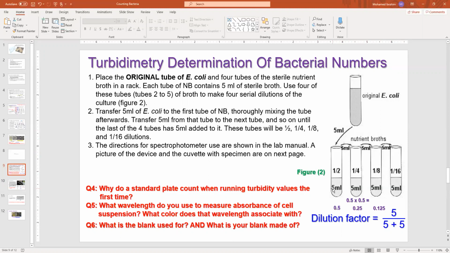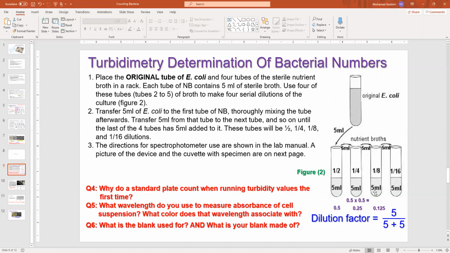If I ask you a question quickly, in your opinion, which one of those 4 tubes will give you the maximum absorbance? So I have 4 different tubes, different dilutions, okay?